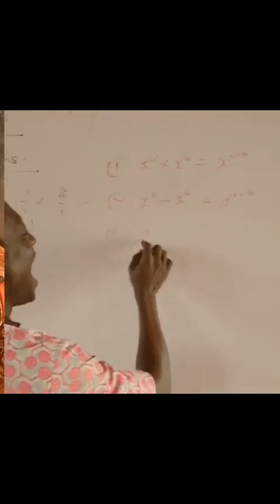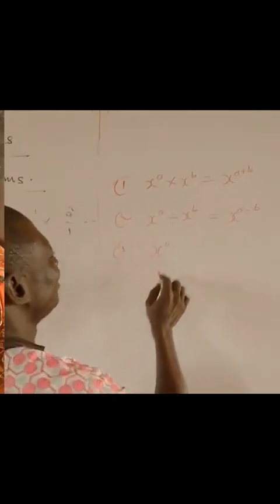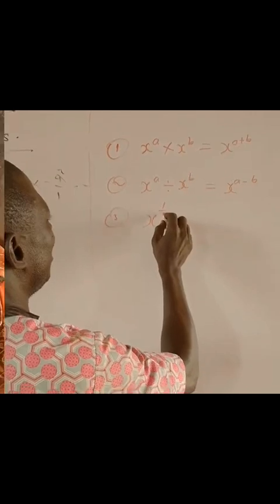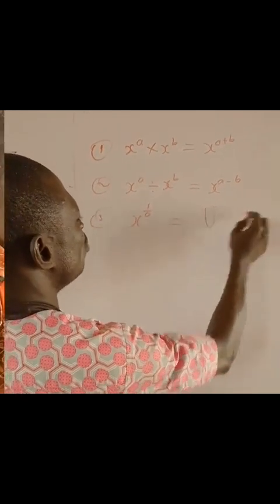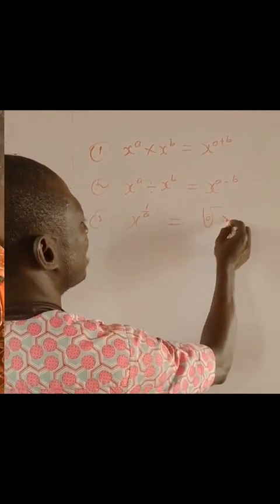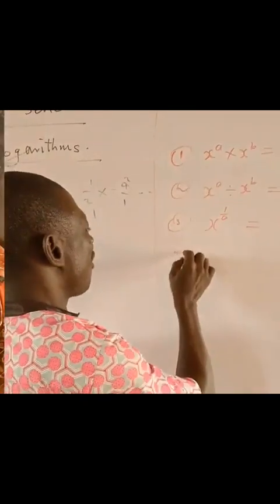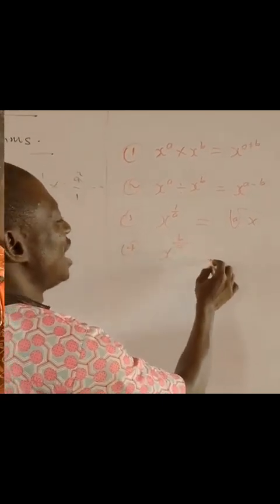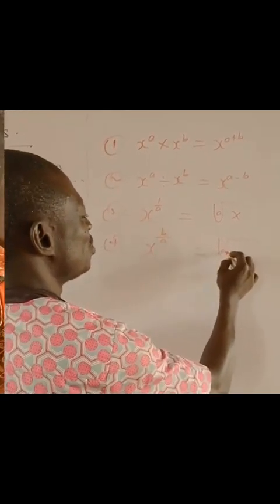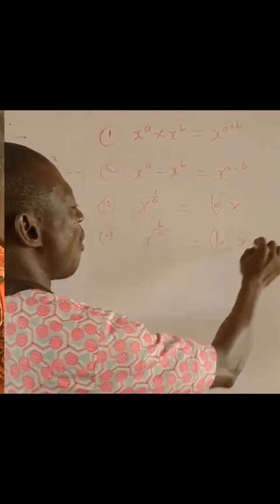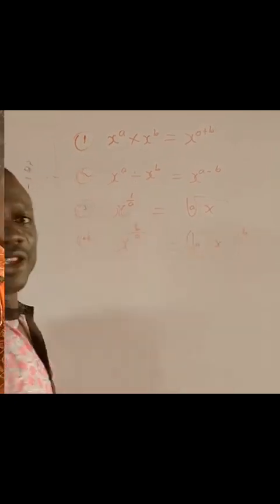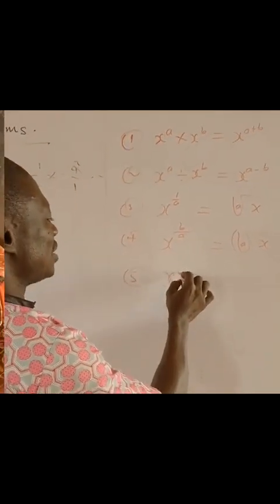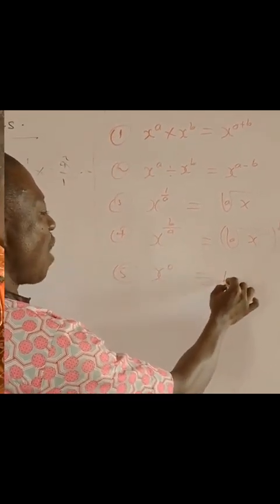Number 3, x raised to the power 1 over a equal to a root of x. Number 4, x raised to the power b over a equal to a root of x all raised to the power b. And number 5, x raised to the power 0 being equal to 1.